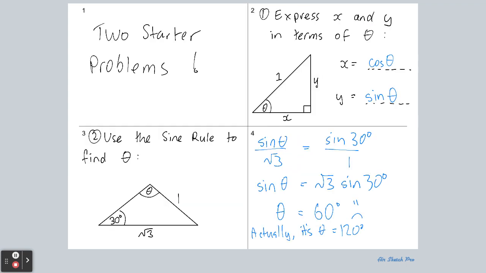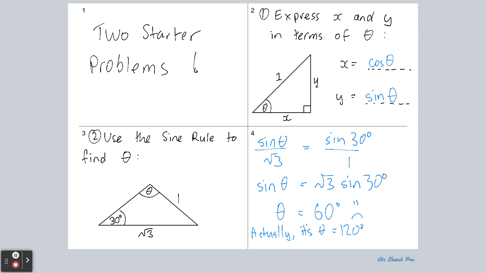However, and you can confirm this for yourself because I'm now over time and I need to push on, if I did the cosine of 60, that would give me a value. And if I went the cosine of 120, it would give me the same value, but it would be negative. Okay, so let's just say the cosine of 60.